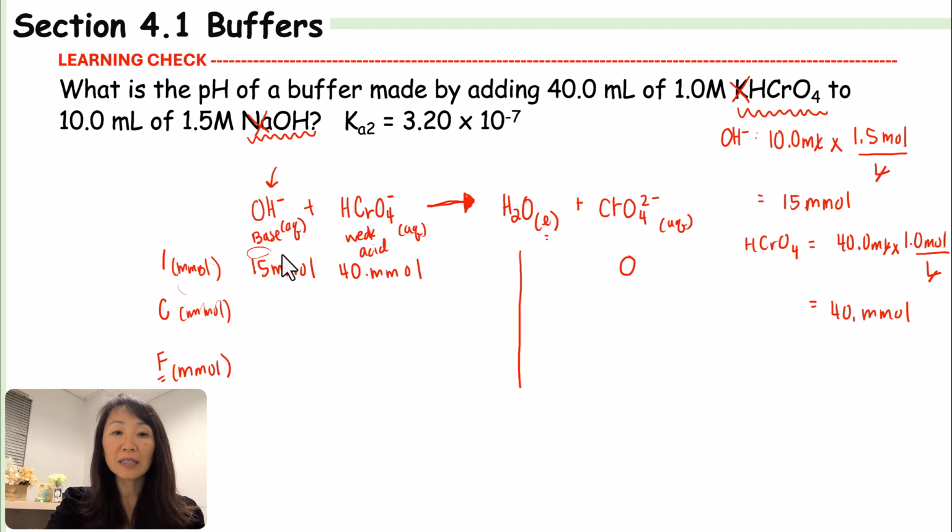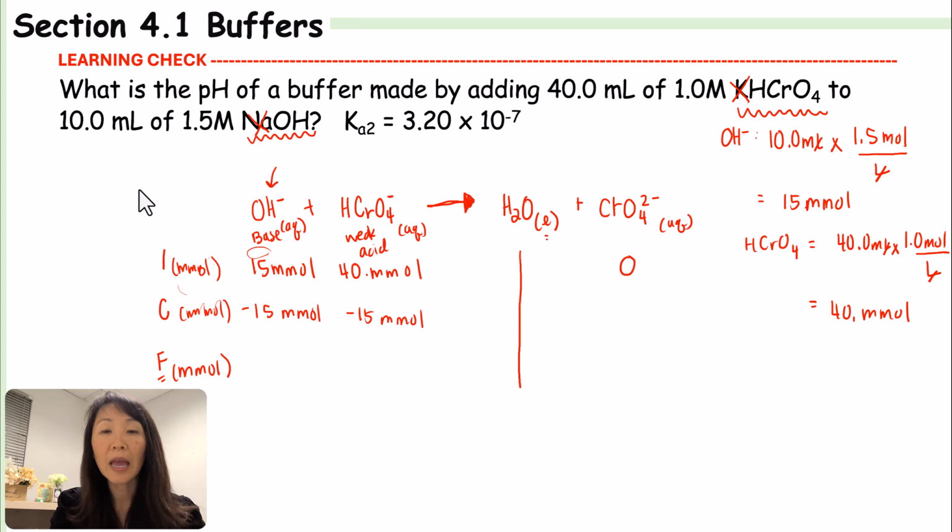And it's nice because it's a 1:1:1 ratio, so we're going to look at 15 millimoles, and you're going to subtract 15 millimoles for all of the reactant present. But on the product side, it's going to add 15 millimoles, so plus 15 millimoles.